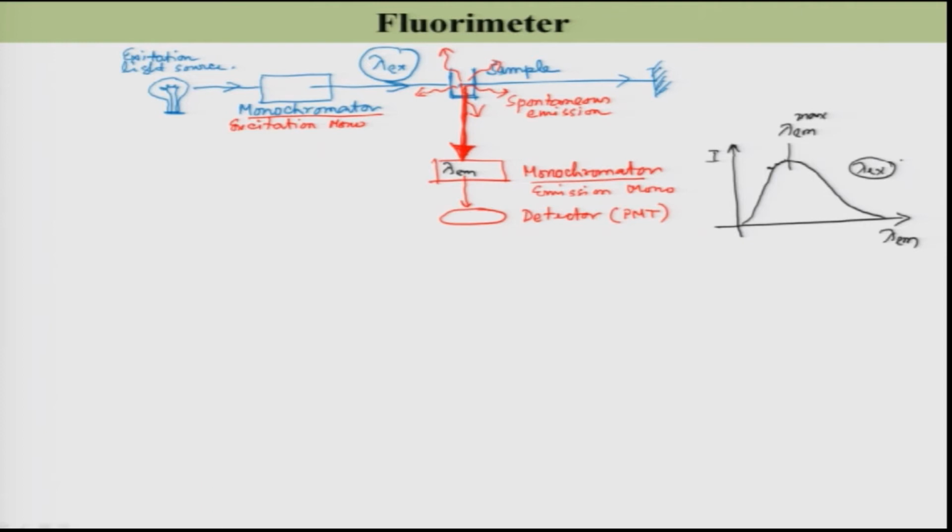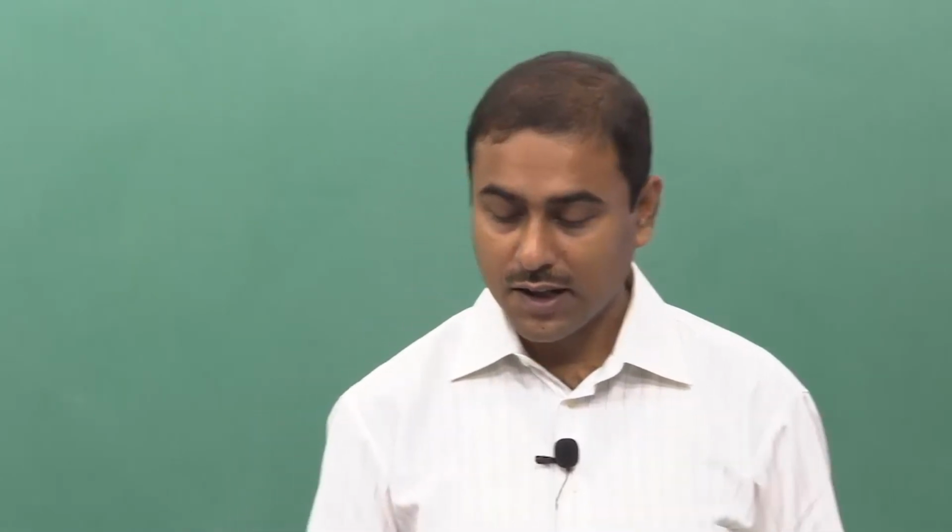However, I would like to point out several problems with this. The first problem is that none of these devices in this fluorimeter are ideal. That means the light source, the monochromator and the detector, the only three devices I have talked about, are not ideal.